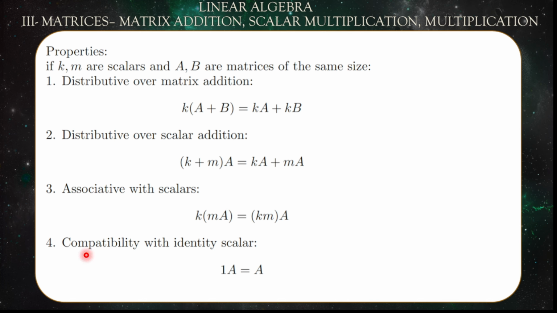Now, for compatibility with the identity scalar, 1 times A is equal to A, meaning that when you multiply A with an identity matrix I, having only the diagonal elements as ones and the remainder elements 0, 1 times A is equal to A.